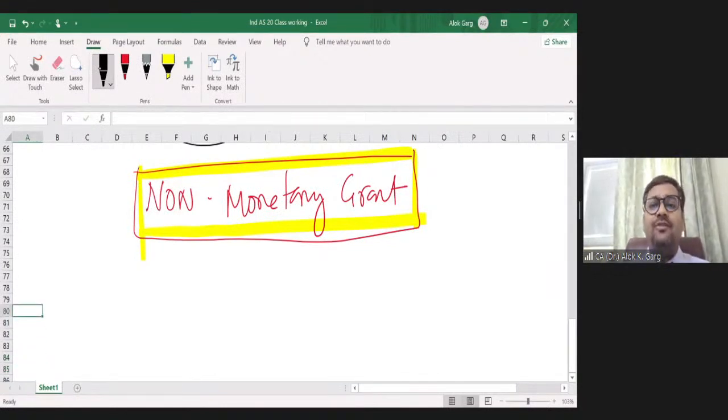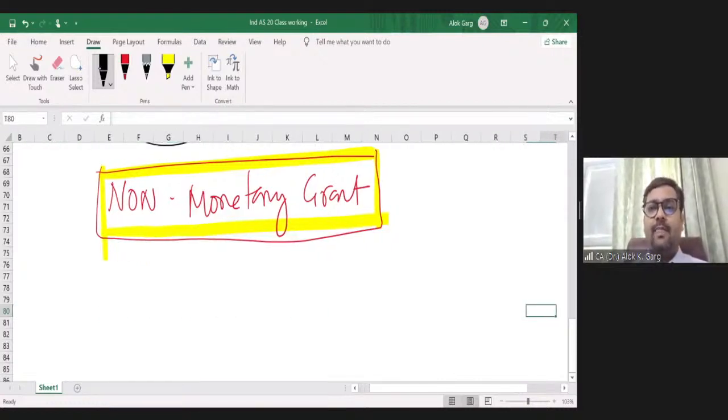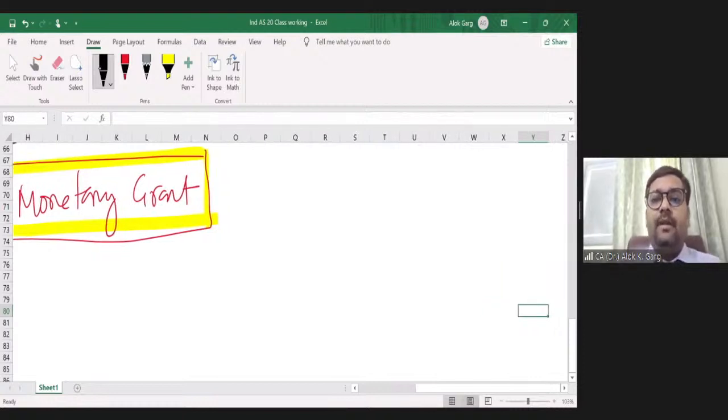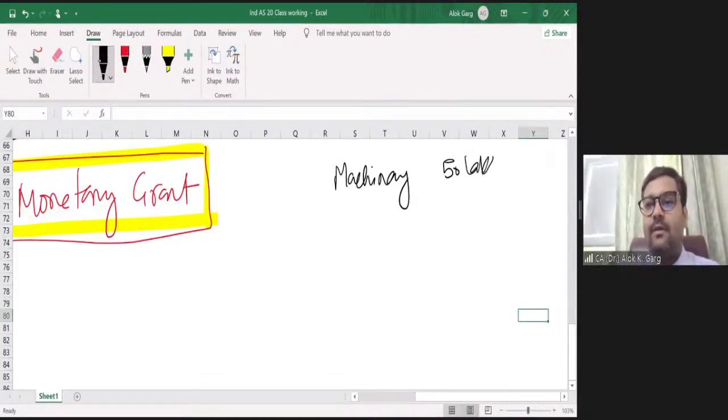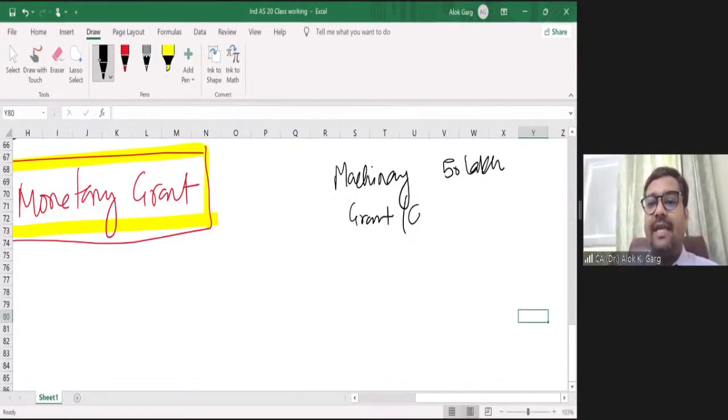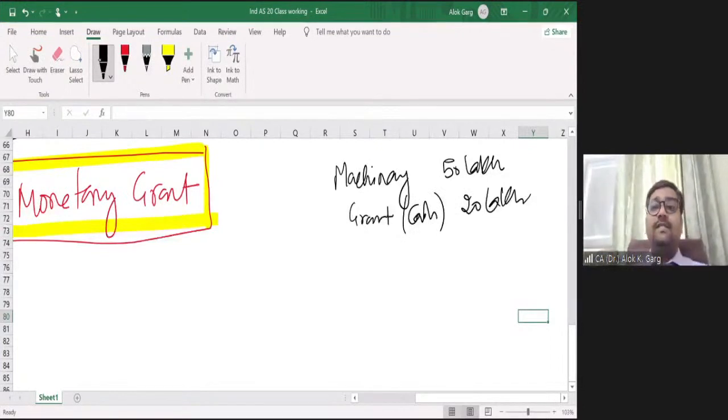It means the government is not giving money to the company. There could be two scenarios, friends. The first scenario is, for example, the company has purchased a machinery for 50 lakhs and the government has given a grant, I mean to say cash, of 20 lakhs. So what is this? This is a monetary grant.